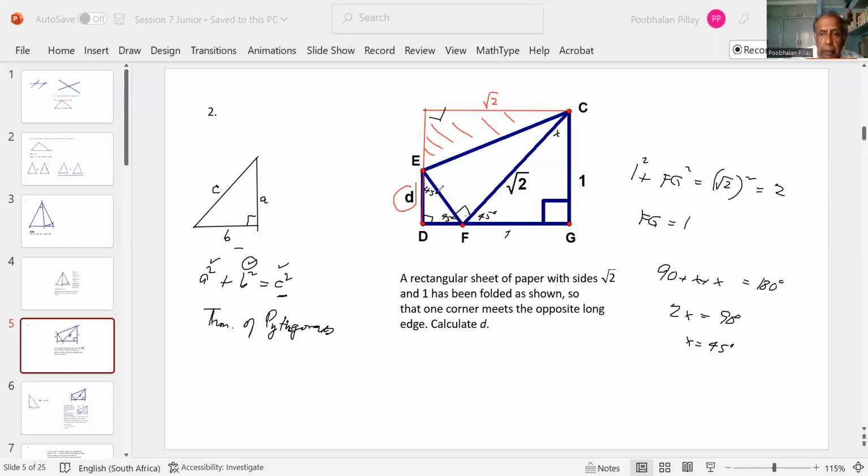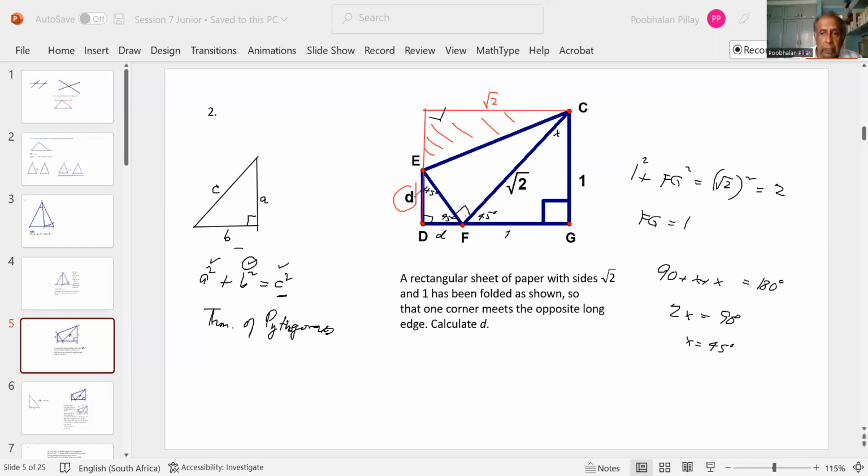And we come to this point here, and now we know the two angles are equal in this triangle. And we said if two angles are equal, then the sides opposite them must be equal. D is opposite 45 in this, and the side opposite the other angle is this. So that must be equal to D.